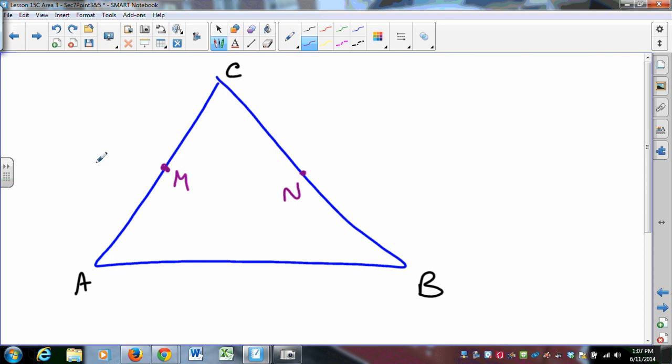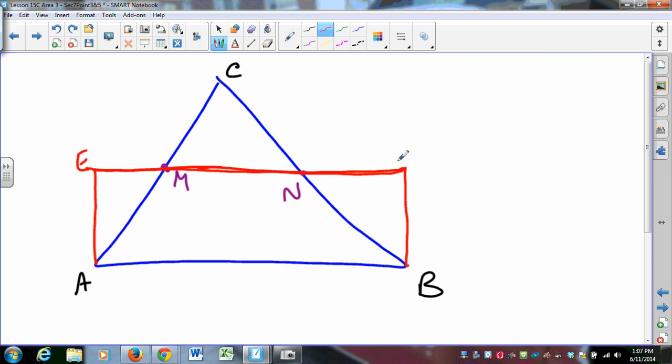We can construct a line through MN. We're going to drop perpendiculars to that line, to the line MN. So MN gets constructed, and then we drop perpendiculars to it, hitting at E and D. We drop perpendiculars just like so, midpoint, midpoint.